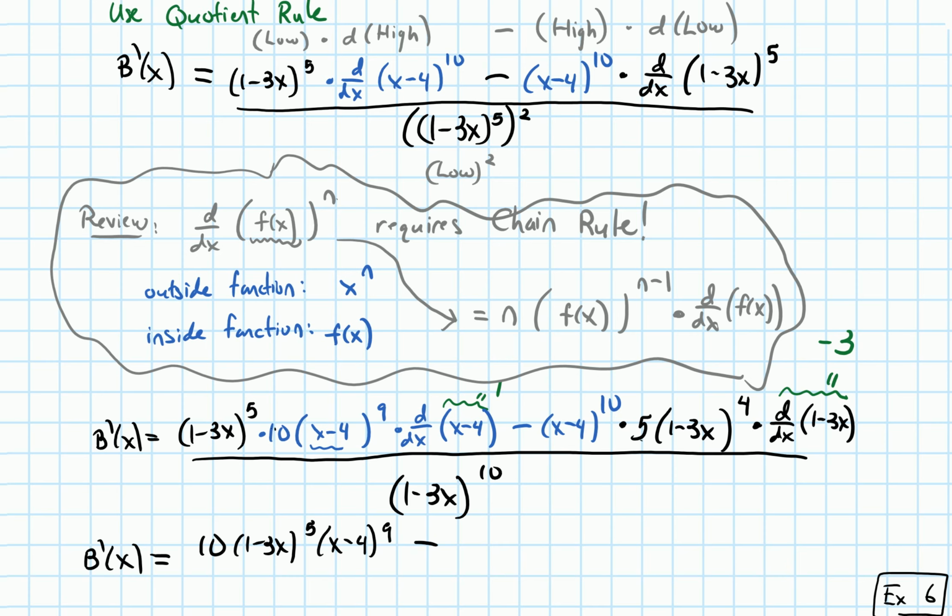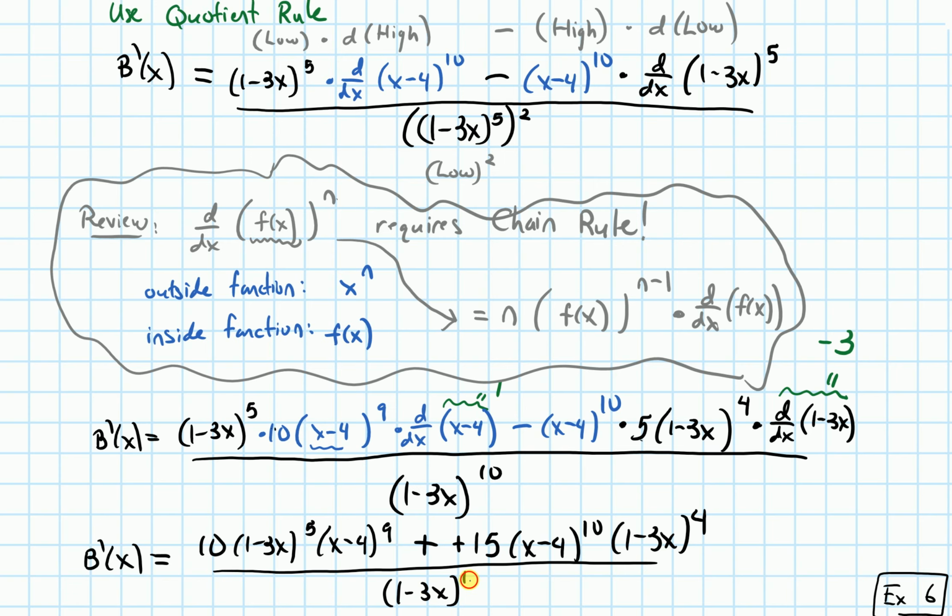And then we have our minus sign. From the next term, we're going to have 5 times negative 3, which is negative 15. But double negative becomes a positive, so that becomes a positive. And then we also have an x minus 4 to the 10 and 1 minus 3x to the 4, all over 1 minus 3x to the 10.